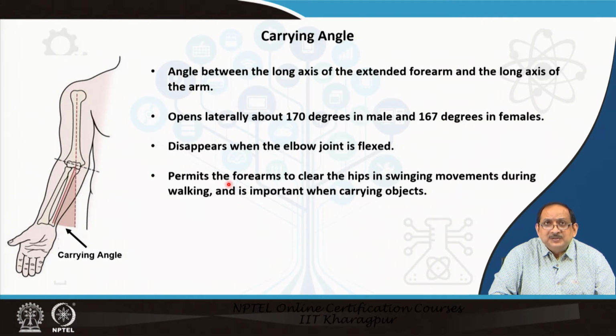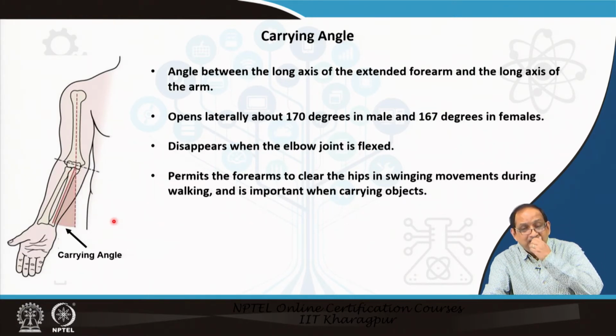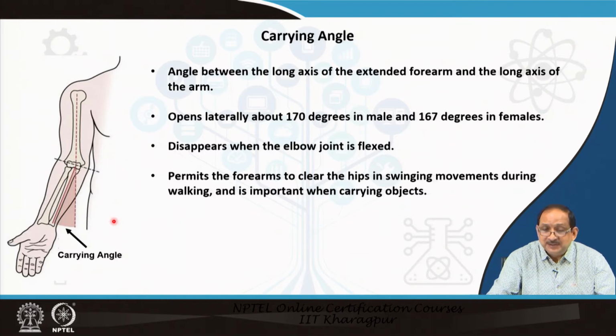Let us now discuss an important angular measurement which is known as the carrying angle. It is the angle subtended between the long axis of the extended forearm and the long axis of the arm.